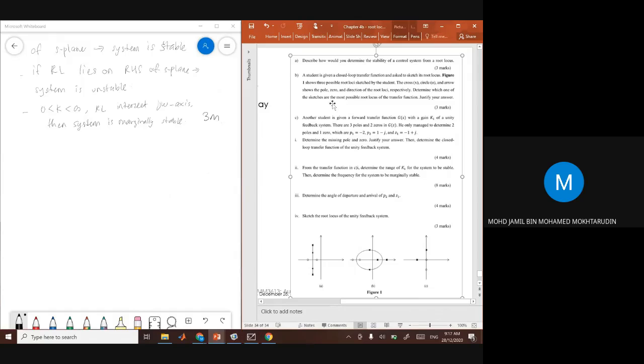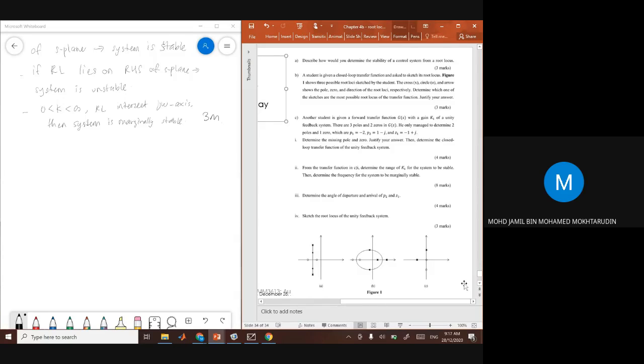Okay, so for question B, the student is given a closed loop transfer function and asked to sketch its root locus. Figure 1 shows 3 possible root loci sketched by the student. The cross X, circle 0 and arrow show the pole, zero and direction of the root locus respectively. Determine which one of the sketches is the most possible root locus of the transfer function. Justify your answer.